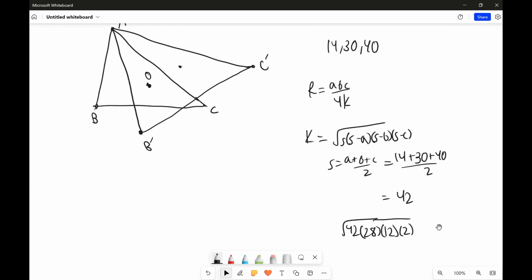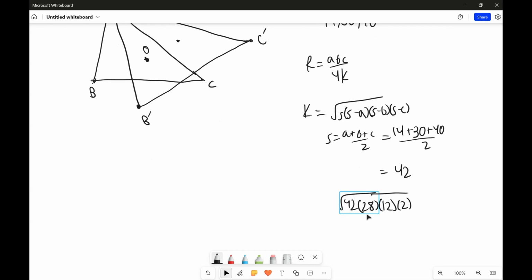So there we go. And if we take out a factor of 7 in this, we end up getting 7 root 6 times 4 times 12 times 2, which is 7 root 24 times 24, which is 7 times 24, which is 168.